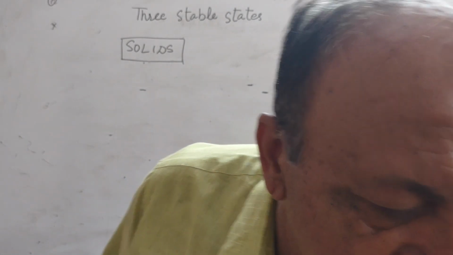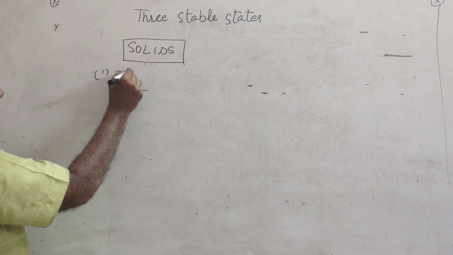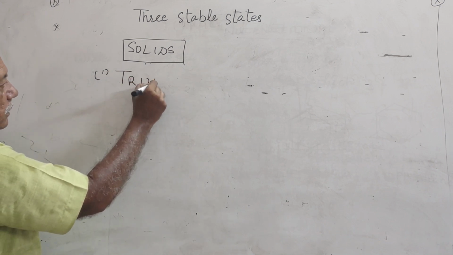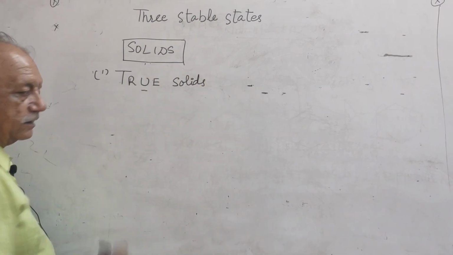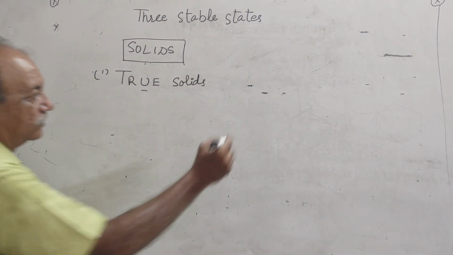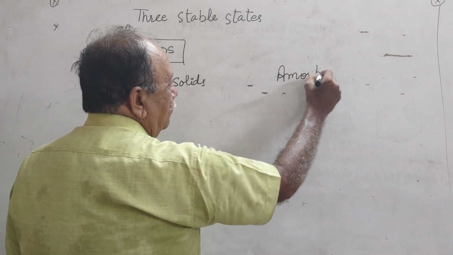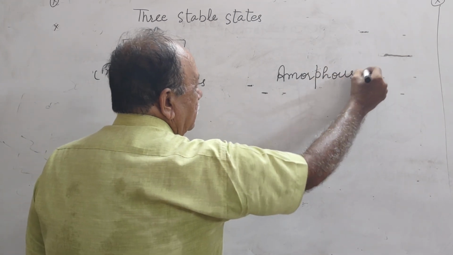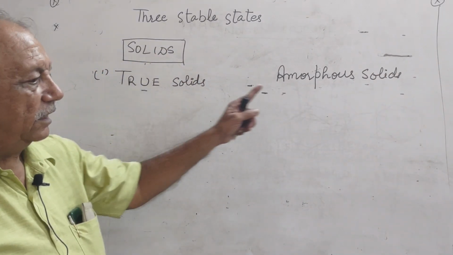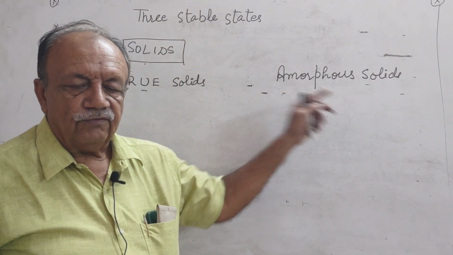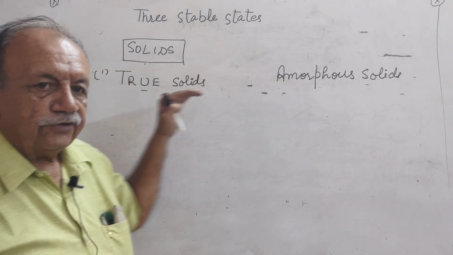The first is called true solids. Second are called amorphous solids. True solids, amorphous solids. What are true solids? What are amorphous solids?